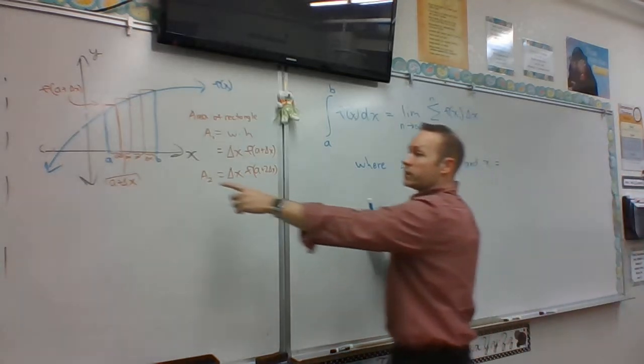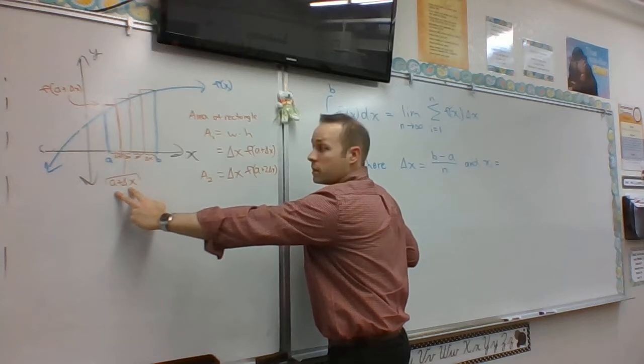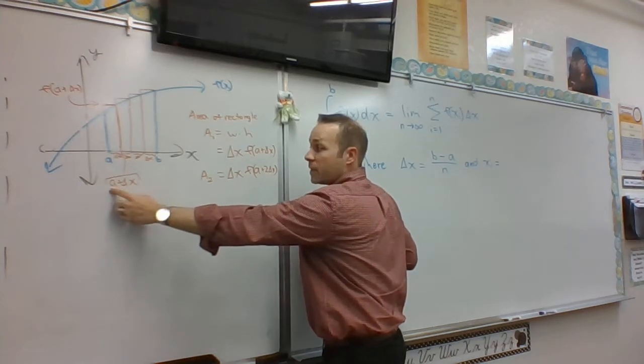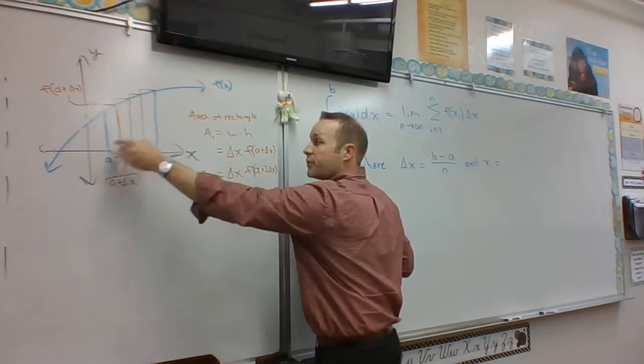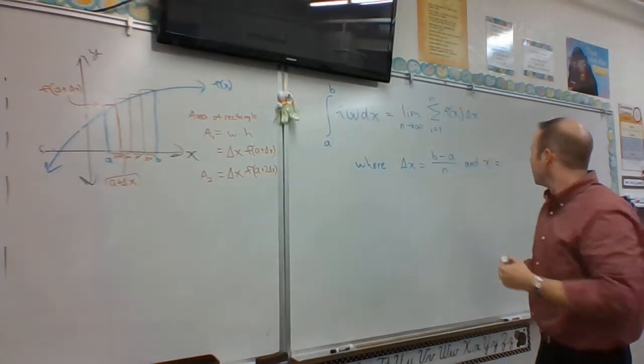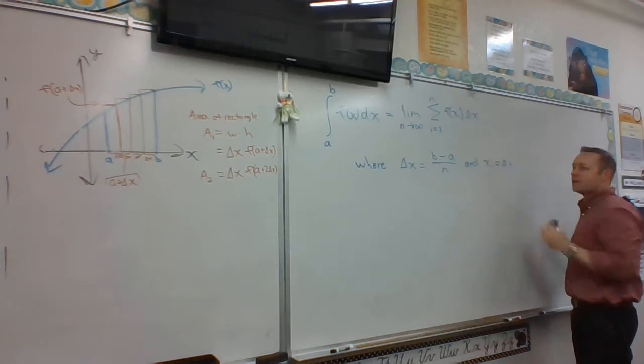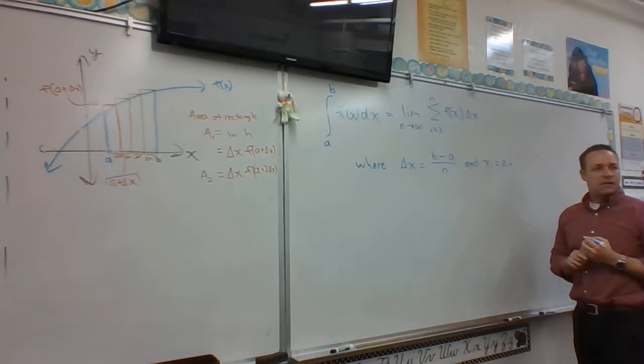Now we already looked at what the first one is here. The first one was a plus 1 delta x. Our second x value that we're plugging in would be a plus 2 delta x. So we can already see we're going to start with a, and we're going to add to that. Any thoughts?